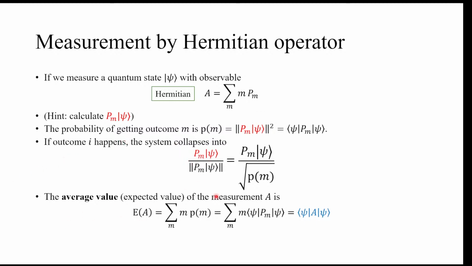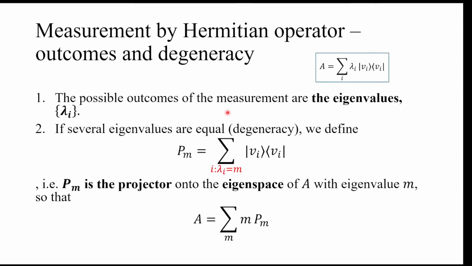And then the post-measurement state is this Pm psi, normalized. And another important thing about a Hermitian operator is you can calculate the expected value pretty fast.